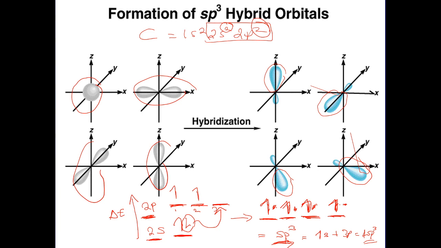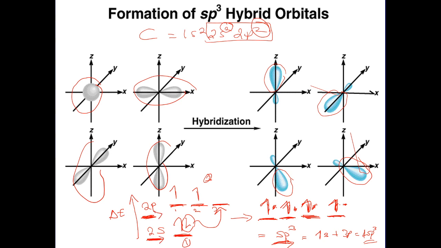An sp3 is formed by combining a 2s and 3 2p's. Then you have 1 s, 3 p's. When they combine, they give you 4 equivalent hybrid orbitals. Now it's a hybrid, meaning it's in between. So the energy is slightly above the s and slightly below the p.